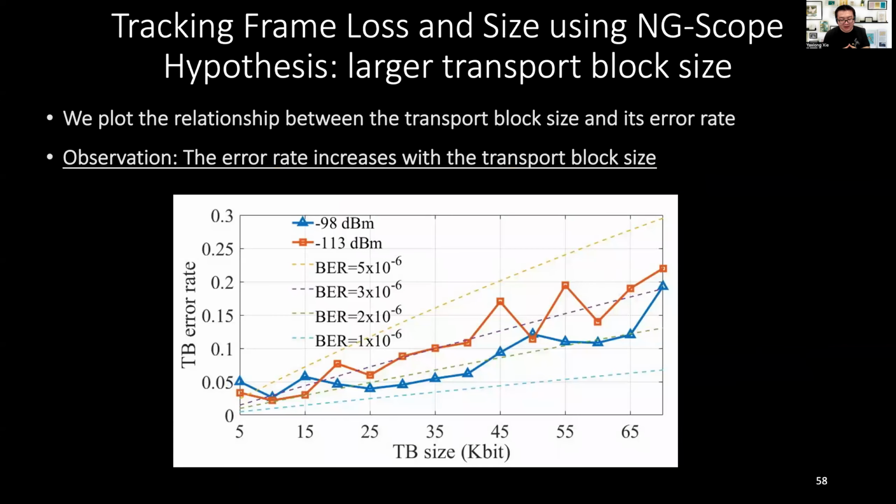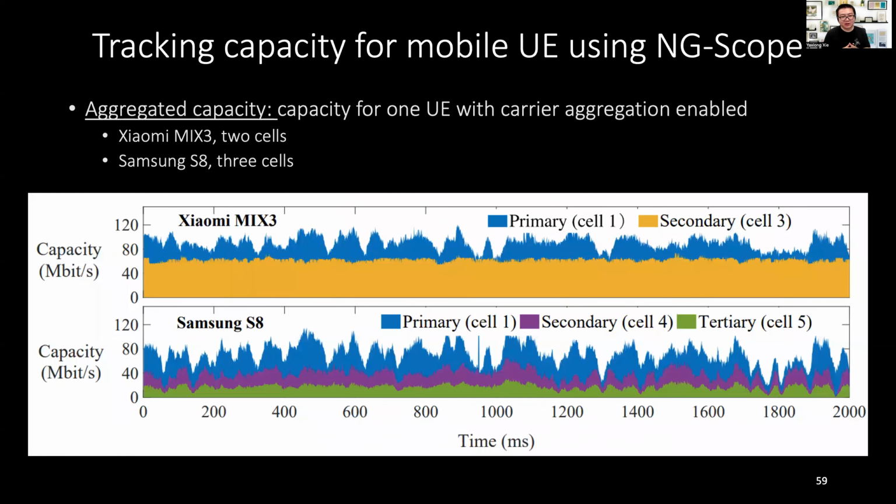To verify that, we also plot the transport block size versus the transport block error rate. We can see from this figure clearly that the error rate increases with the transport block size. We also want to demonstrate that NG-Scope is able to track the network capacity accurately.